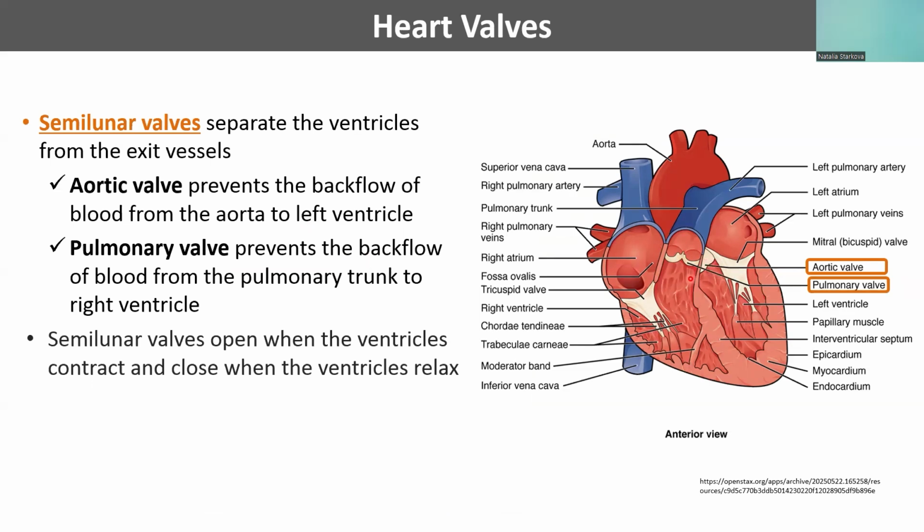They open when the ventricles contract, so the blood flows only in one direction, from the ventricles to the arteries. To prevent backflow of blood, these valves are a little bit like little bags, and they fill with blood and close the opening of the blood vessel completely.